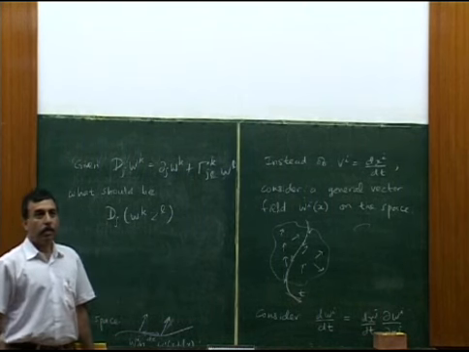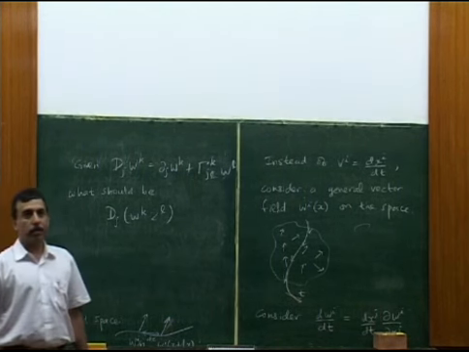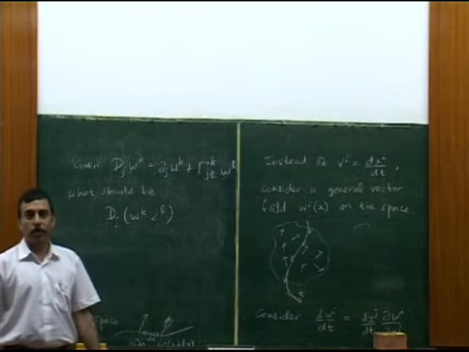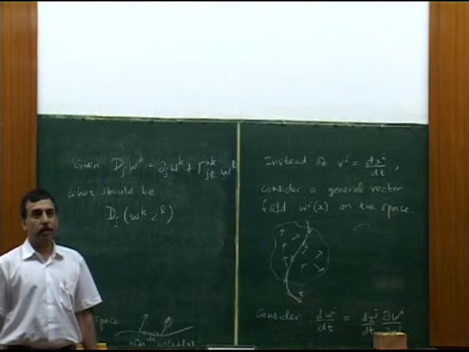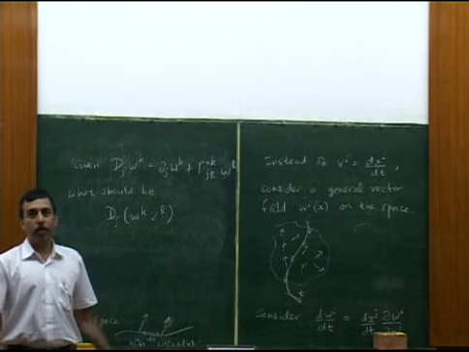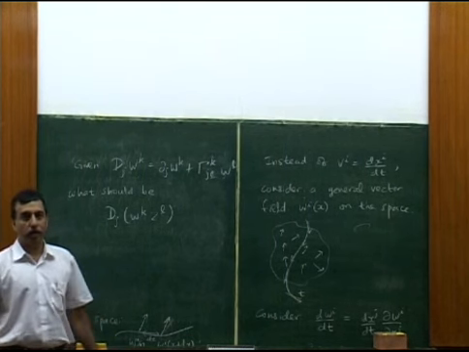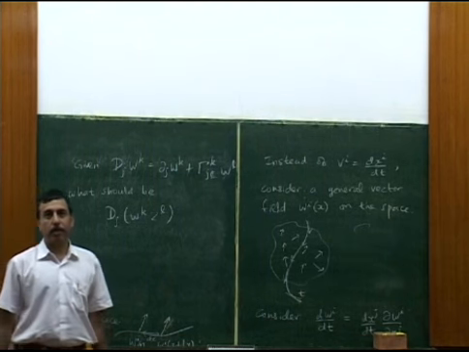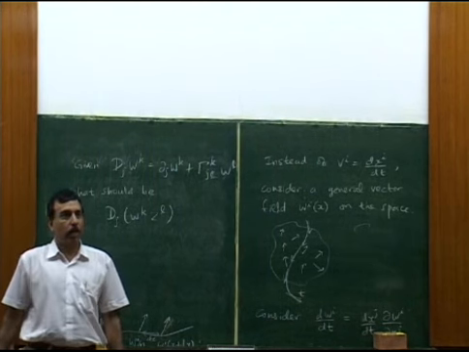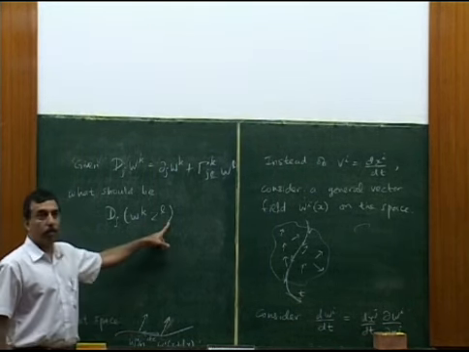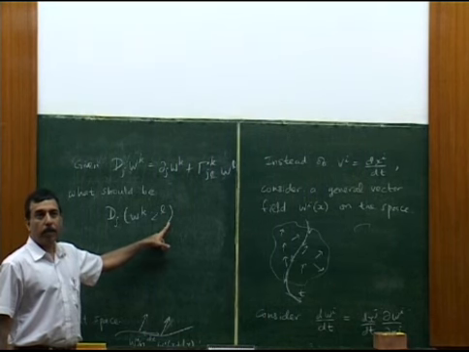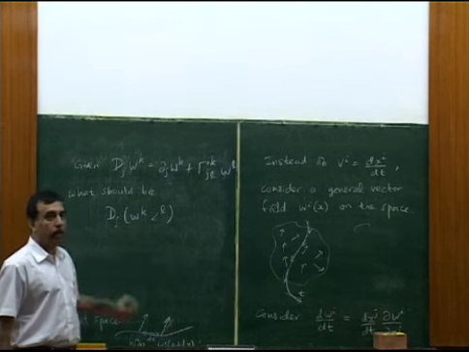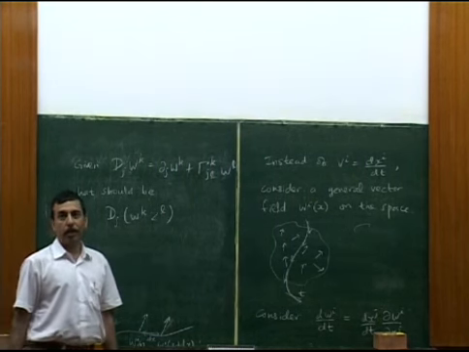Okay, and the answer, of course, is that it's up to us. The covariant derivative in the first place was up to us. It's a convenient quantity to define because some natural equations in geometry and also in physics are expressed in terms of it. So here also we should define it in terms of convenience, and convenience usually means it has some good properties which are shared with an ordinary derivative.